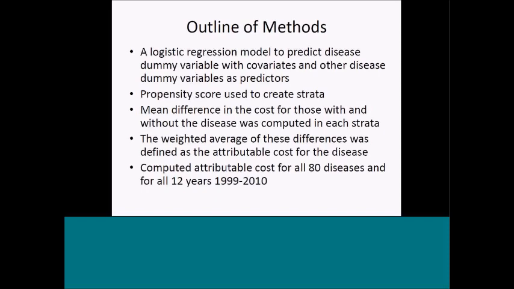So we computed attributable cost for 80 diseases, because some of the diseases were so low in prevalence we couldn't do attribution on a yearly basis. That's what to do when your prevalence rates are pretty low. For about 80 out of these 107 diseases, we were able to do it for each year. It is 14 years, 1999 to 2012.